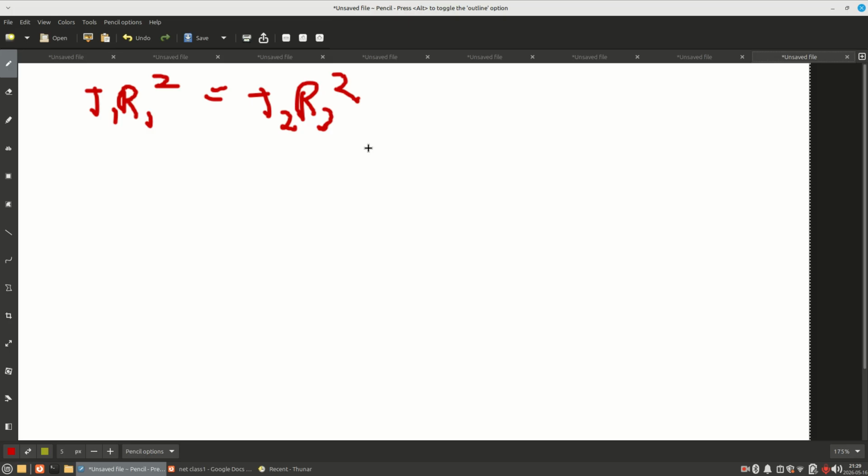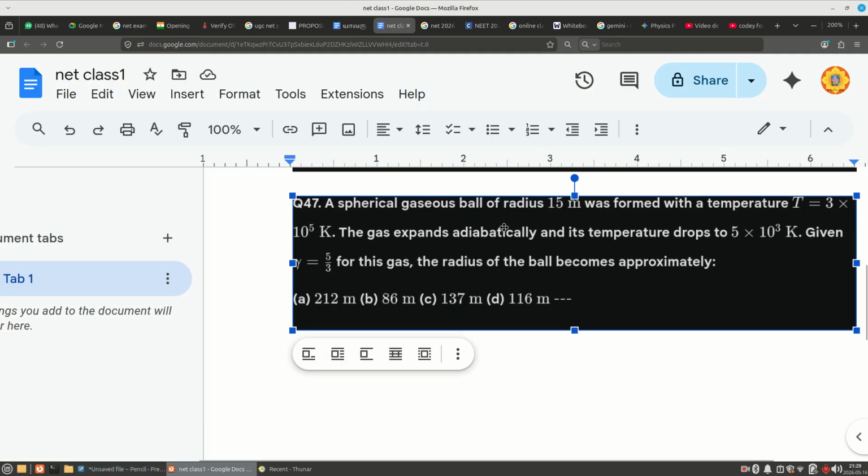Here you can get a relationship. In the question you can see that when the temperature decreases, the radius increases.